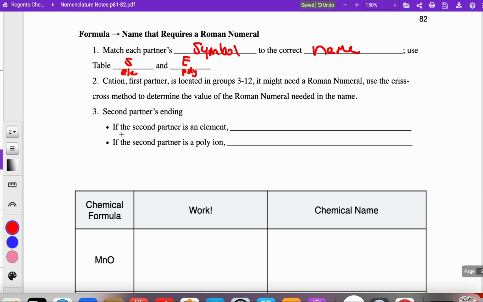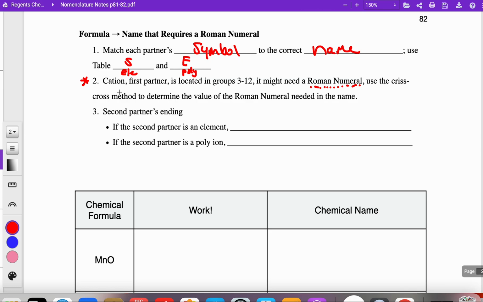So the big thing here is step 2. If your cation, the first partner, is located somewhere in groups 3 through 12, more than likely it's going to need a Roman numeral in its name to indicate which oxidation number it's using in that compound.